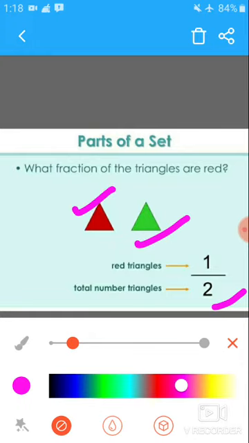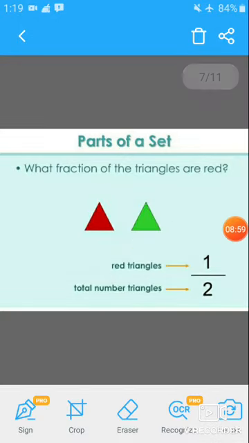So there is only 1 red triangle. So you can write 1 as a numerator. It means fraction of red triangles is 1/2.